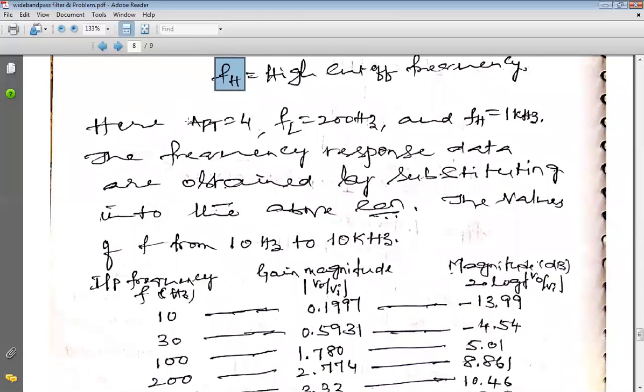Here AFT is equal to 4, FL is equal to 200 Hz, and FH is equal to 1 kilohertz.